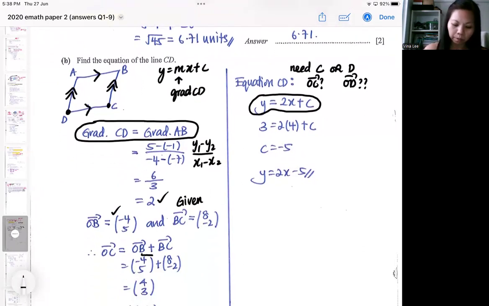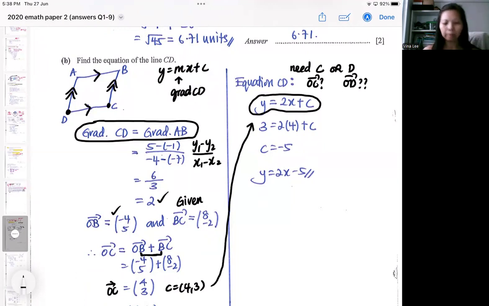Do you still remember fill in the blank? This part, we specifically do in example 4 and 5 of your vectors teaching worksheet 1. So we use vectors to find a coordinate. I found the position vector OC, and this is an indication that C is 4, 3. So I'm going to put the C into the equation, and that's how I get the mx plus c.